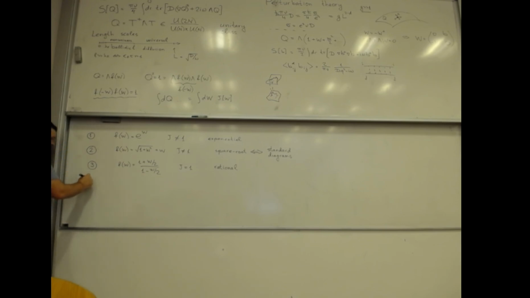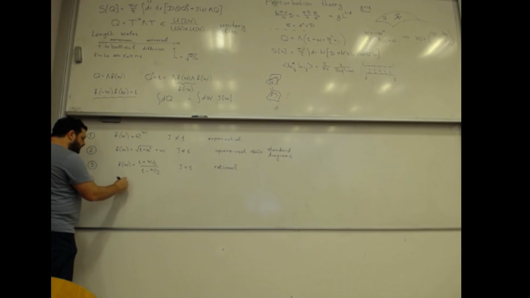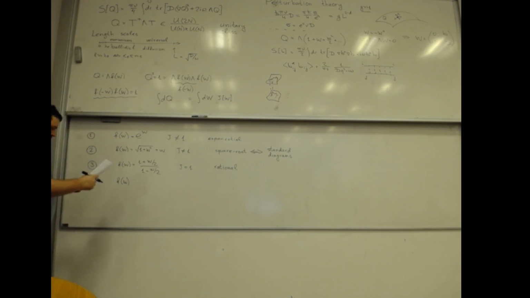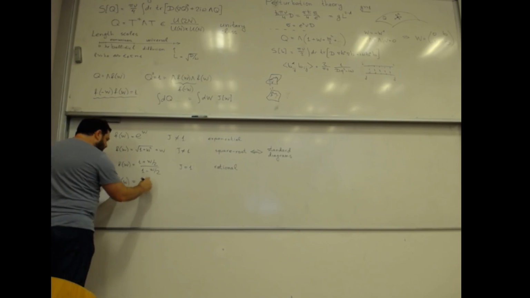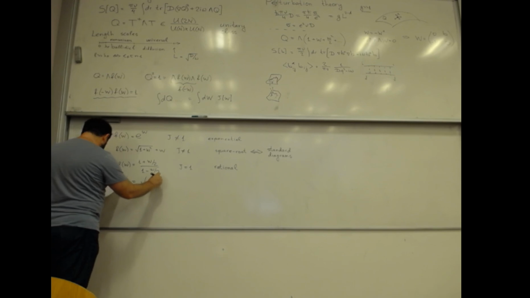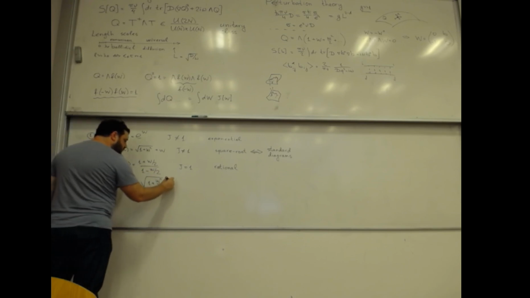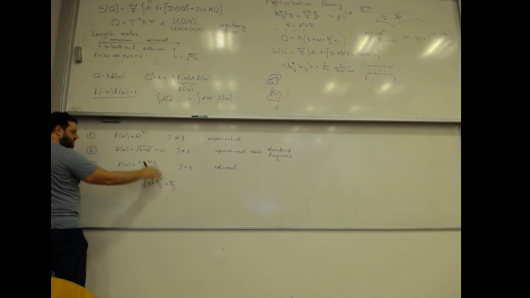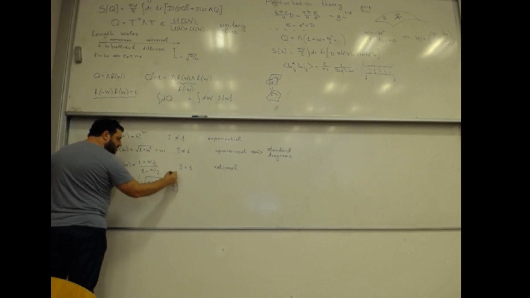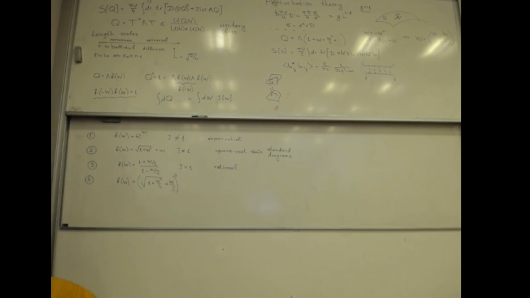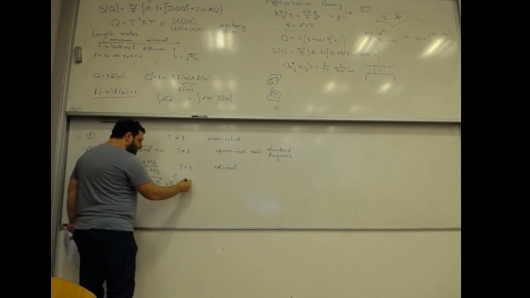Then there is the fourth option. The fourth option is the following function. It's the square root of 1 plus w squared over 4, plus w over 2. So it's like the square root before, but w is smaller, and then this whole thing is squared. This function is the most convenient. First, the Jacobian is again equal to 1.